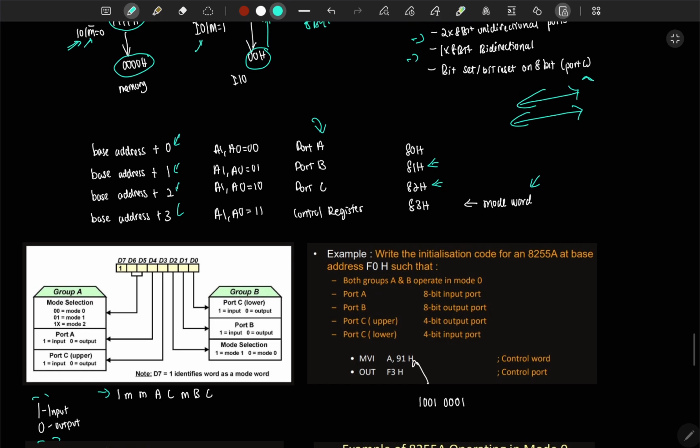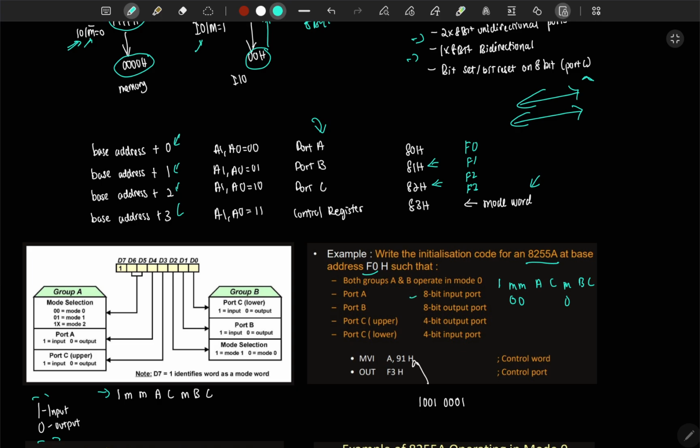Now if we look at an example, they say write the initialization code for 8255A at base F0. So automatically we know that this would become F0, F1, F2, and F3 for the control word. They say that both groups, A and B, should operate in mode 0. So you know that 1 M M A C B C, the mode is said that both groups are in 0, so 0 0 and MBC 0.